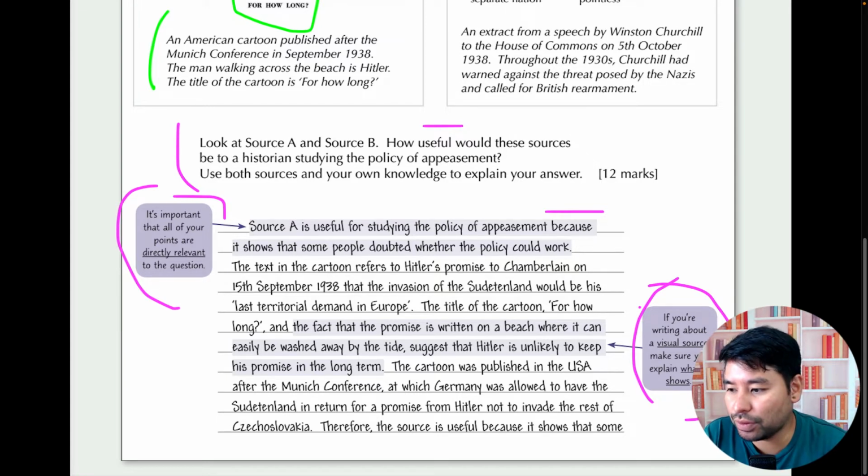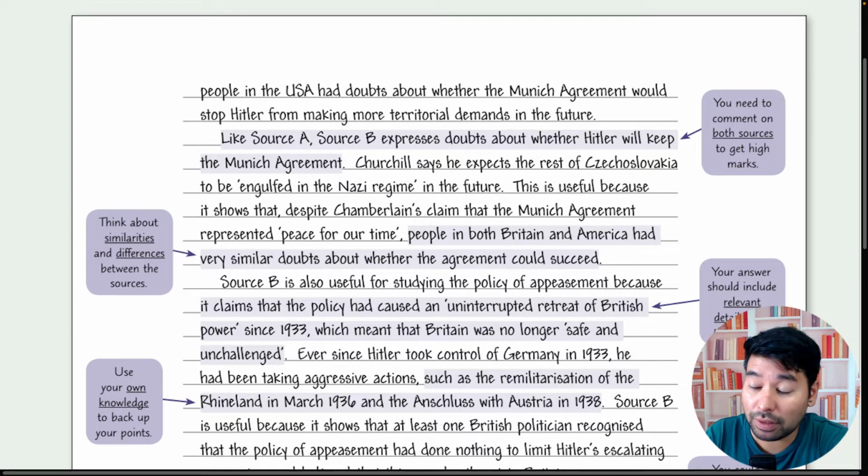Therefore, the source is useful because it shows that some people in the USA had doubts about whether the Munich Agreement would stop Hitler from making more territorial demands in the future. So you see, we have again more descriptions here, and then we go on. Like Source A, Source B expresses doubts about whether Hitler will keep the Munich Agreement. Check out this sentence that I've just read for you.